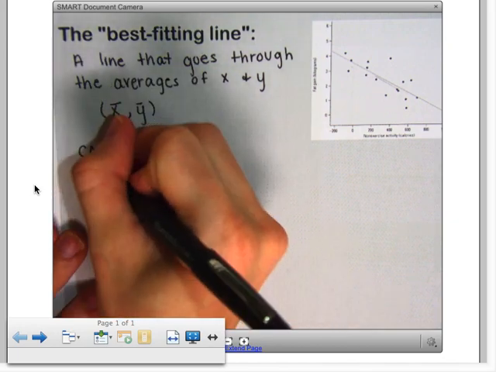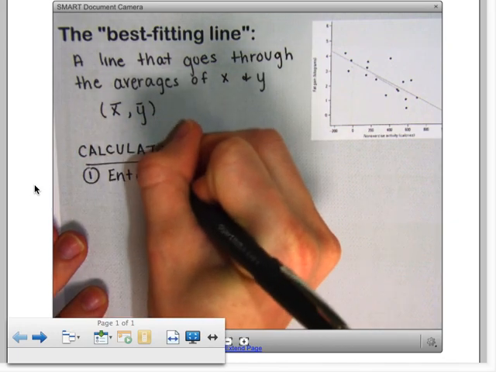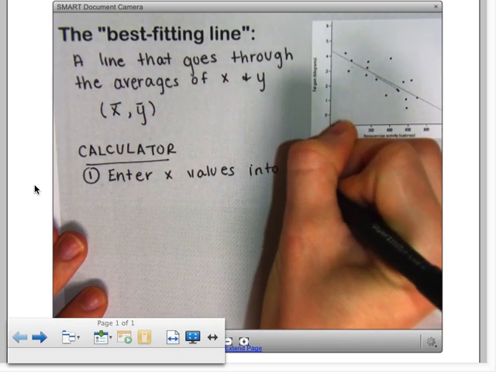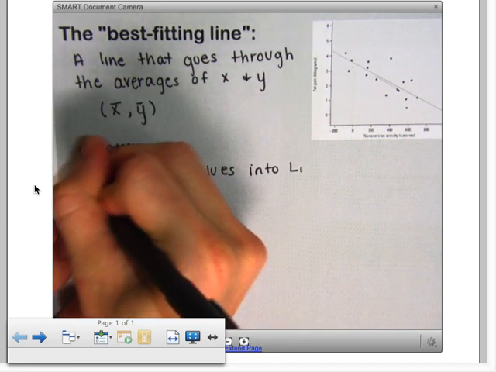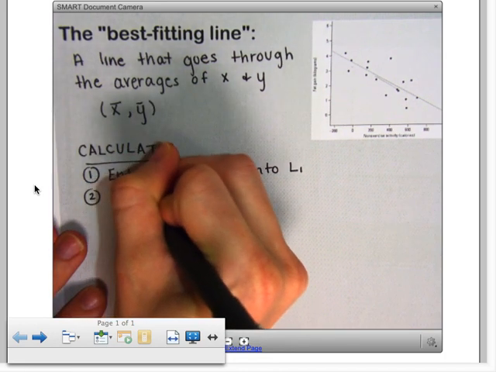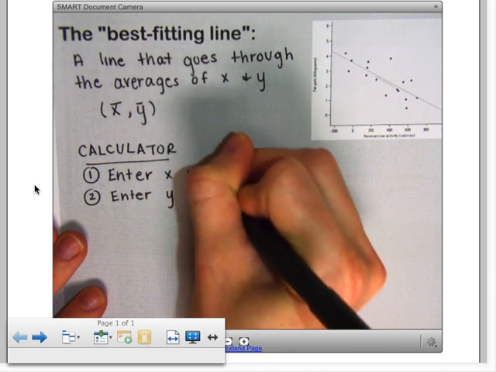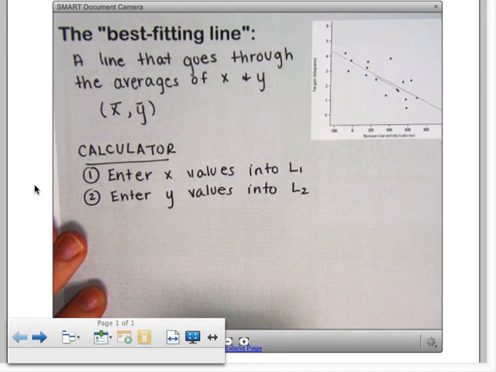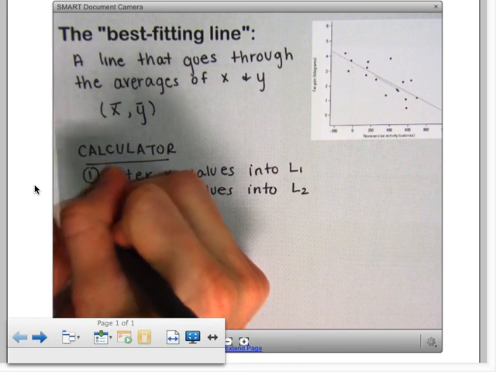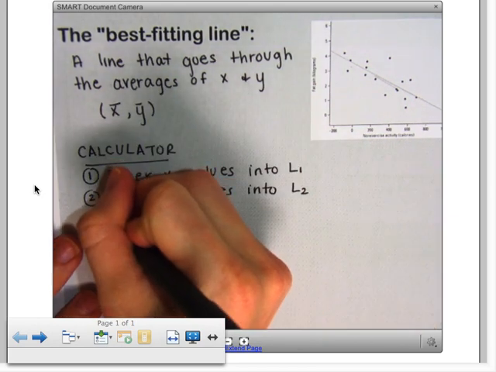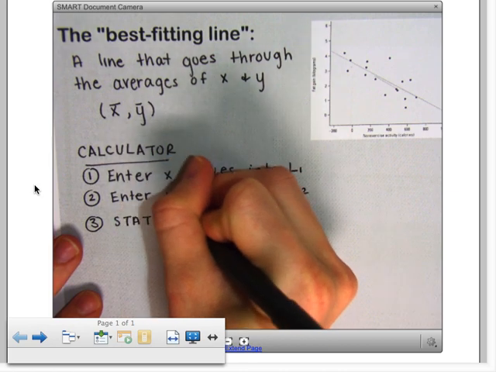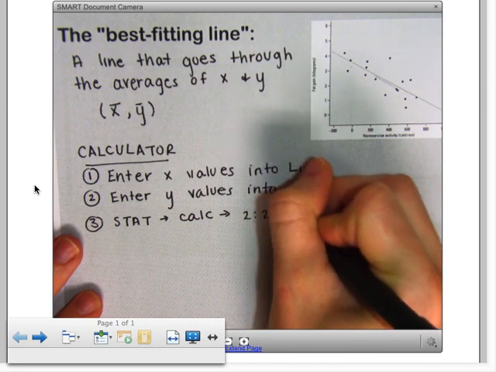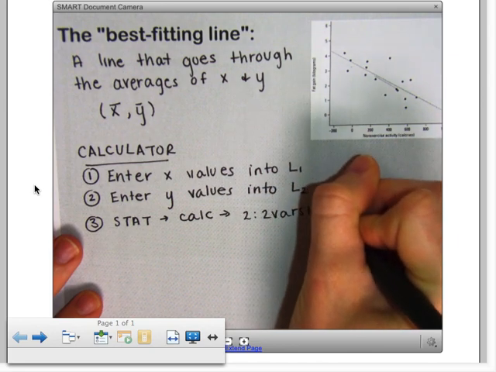What you're going to do, you're going to enter x values into list 1, and then you're going to enter y values into list 2, and then we're going to go to stat over to calc, and we're going to select option 2, which is the 2 variable statistics.